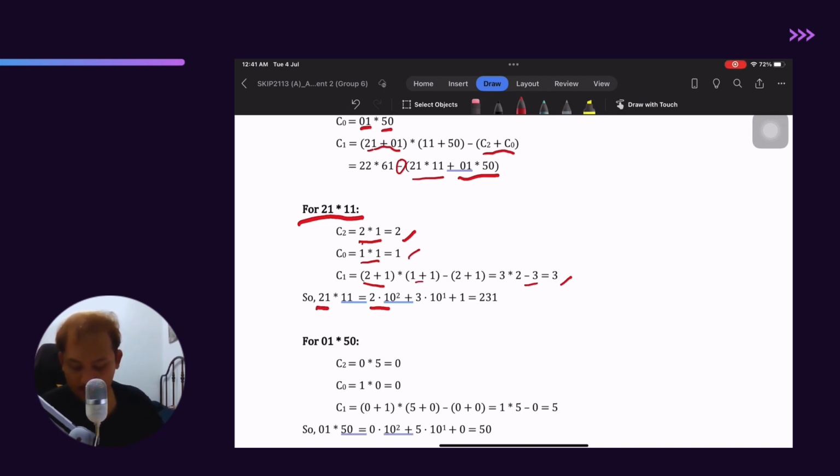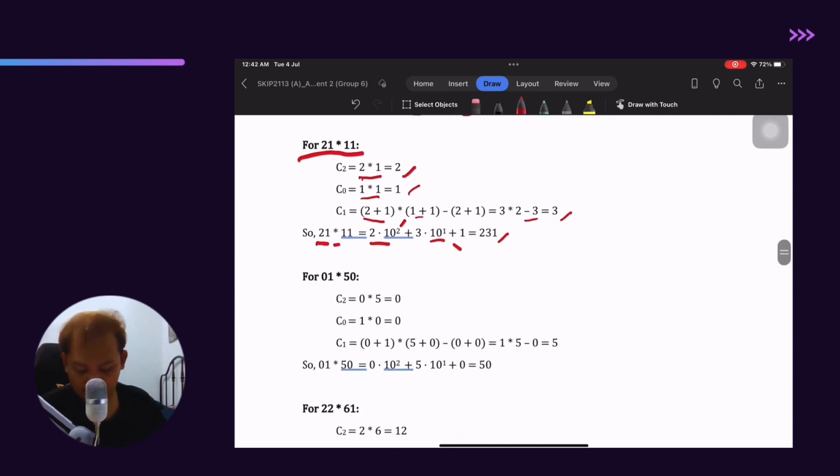Then we plus 3 times 10 exponent 1, like I mentioned before, because the placement of the digit is 1. Then we plus 1, and we get the answer for 21 times 11 is 231.